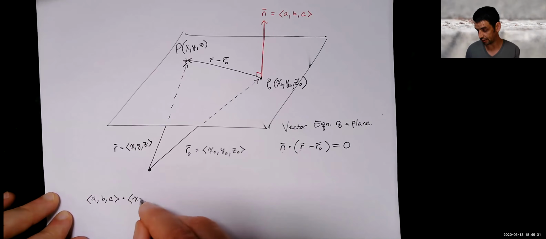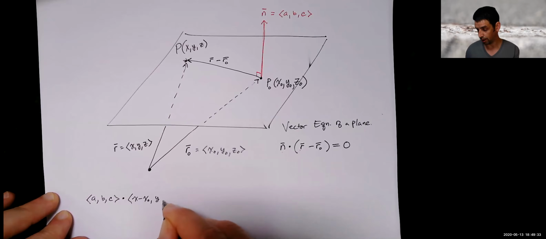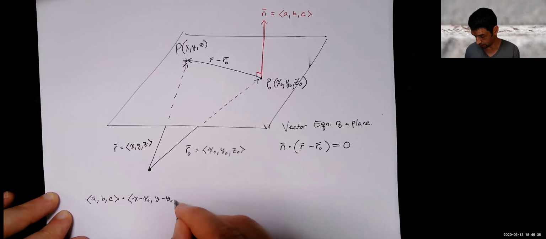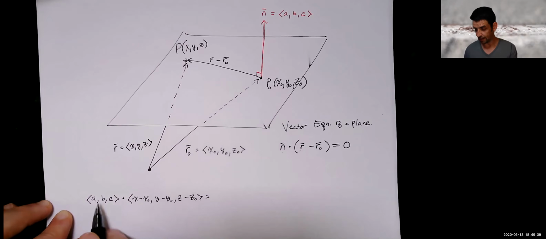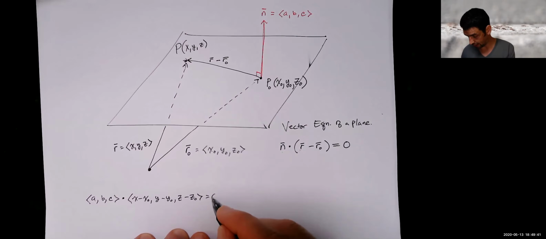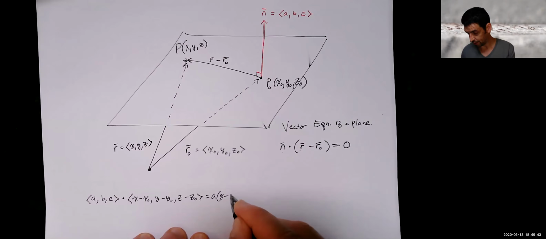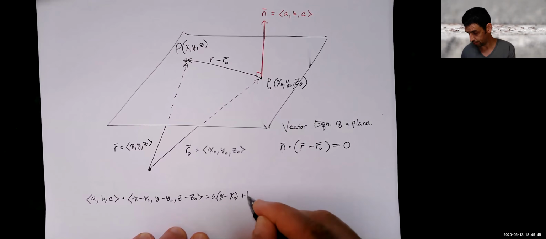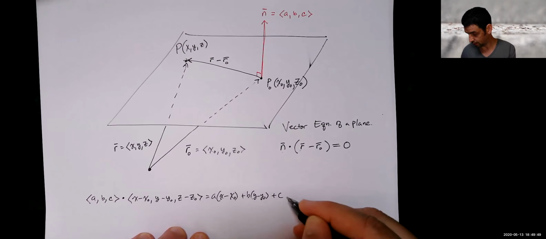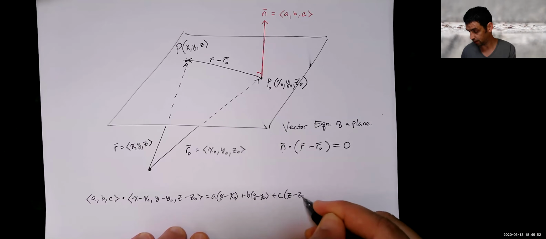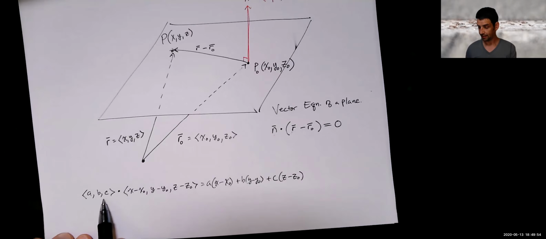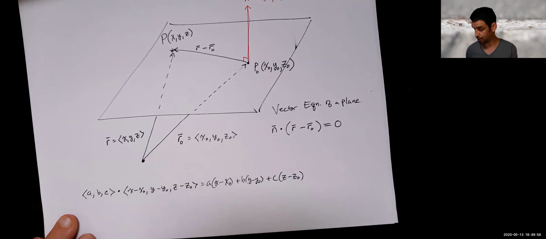So r minus r naught is x minus x naught, y minus y naught, z minus z naught. So when I dot these two things together, I get A times x minus x naught plus B times y minus y naught plus C times z minus z naught. All right? That's the dot product of n and r minus r naught.